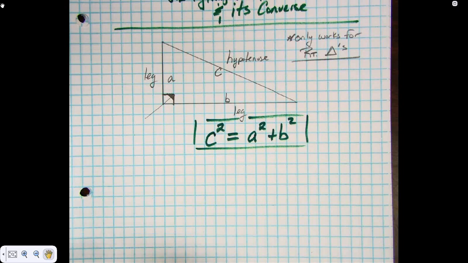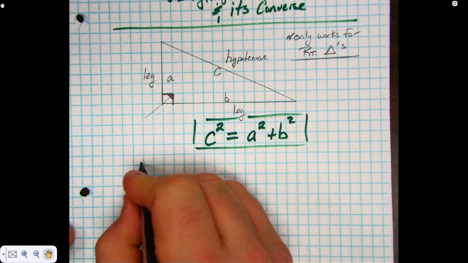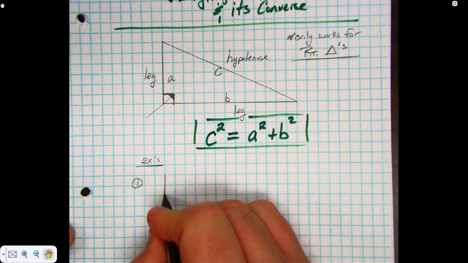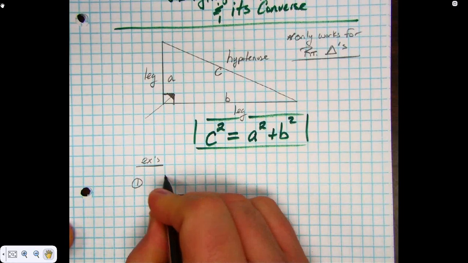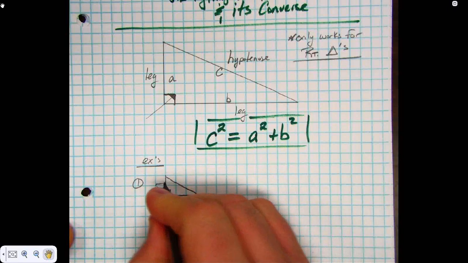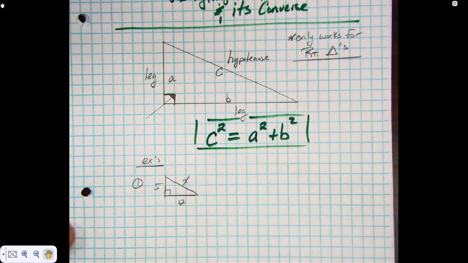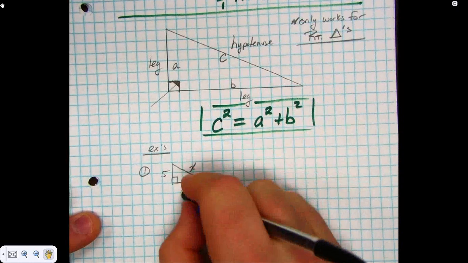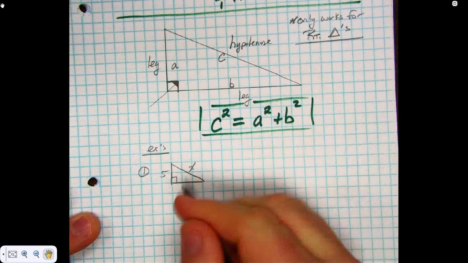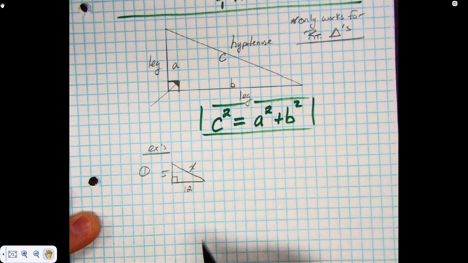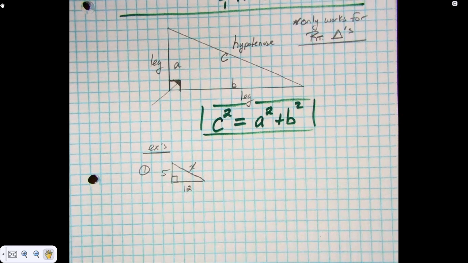So let's do some examples. I'll make a quick drawing of a right triangle here. Nice and easy. Let's make this 5, this 12, and this x. If I ask you to find x, what are you going to have to do here? What equation am I going to have to use?